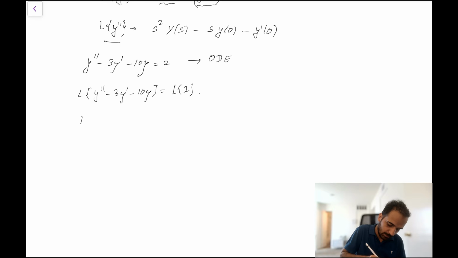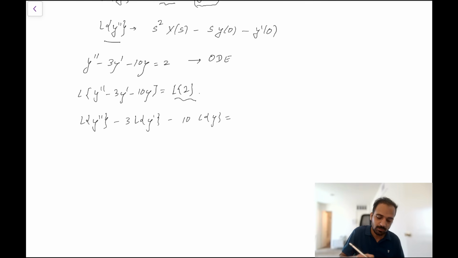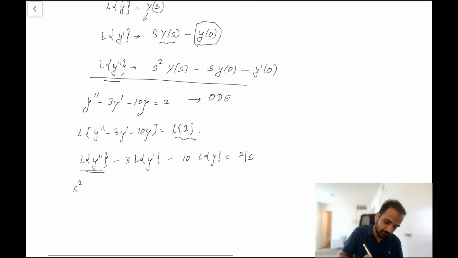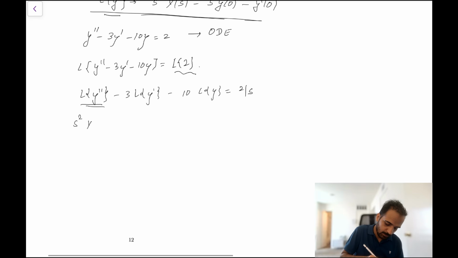So this can be written as the Laplace transform of y double prime minus 3 times the Laplace transform of y prime minus 10 times the Laplace transform of y, equals the Laplace transform of 2, which is nothing but 2 over s, right? So the Laplace transform of y double prime is s square Y of s minus s y of 0 minus y prime of 0. So this is written with this term.